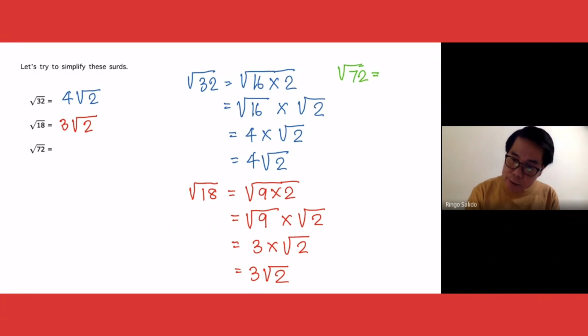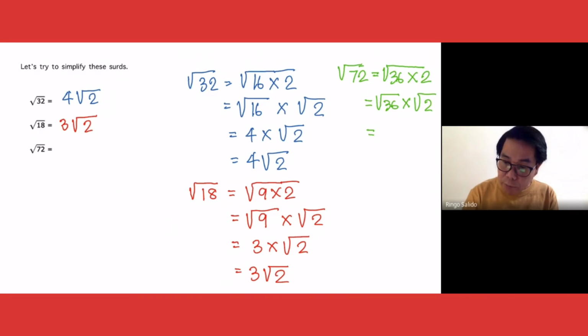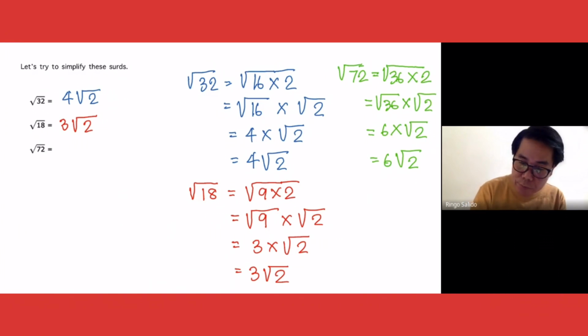So square root of 36 times 2, then multiplying surds, square root of 36 times square root of 2, then square root of 36 is 6, times square root of 2. So the simplified way of writing square root of 72 is 6 times square root of 2.